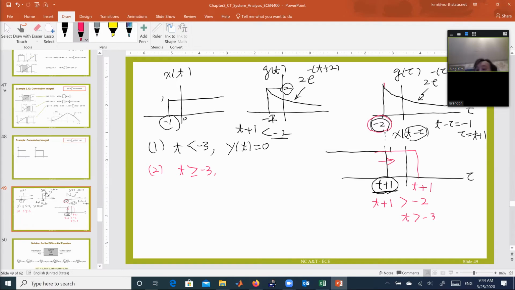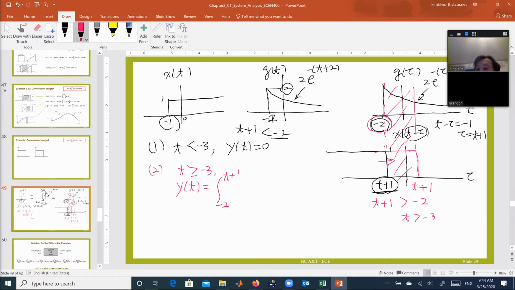So y of t is the integration over the overlap area, from minus 2 to t plus 1.